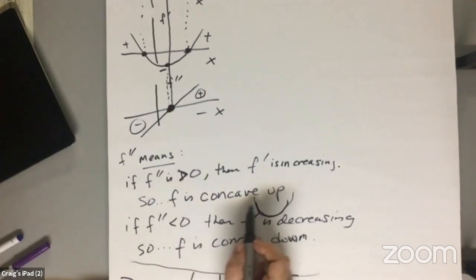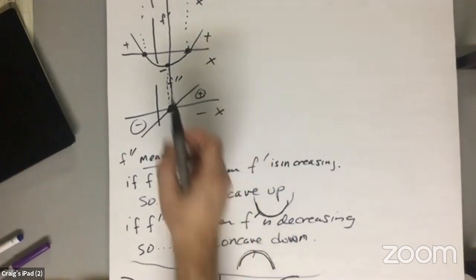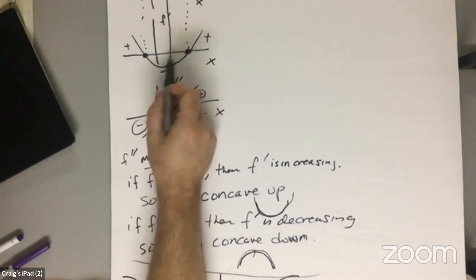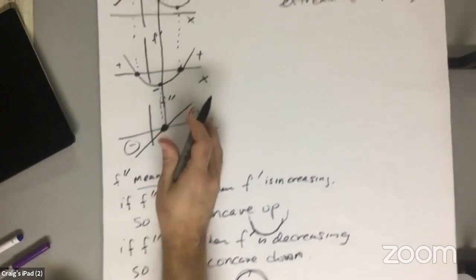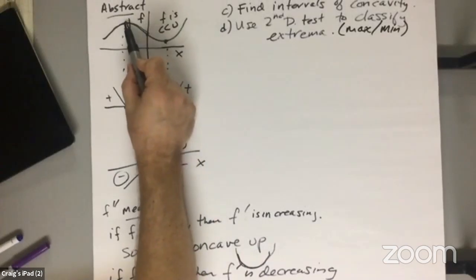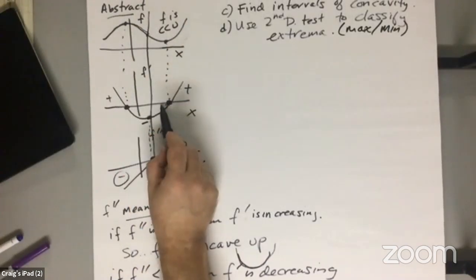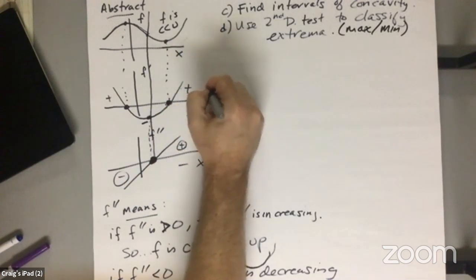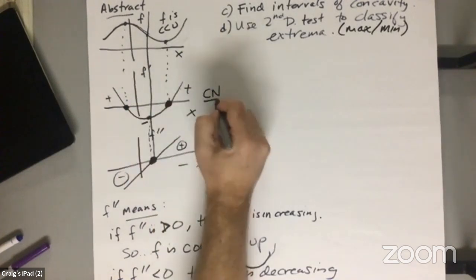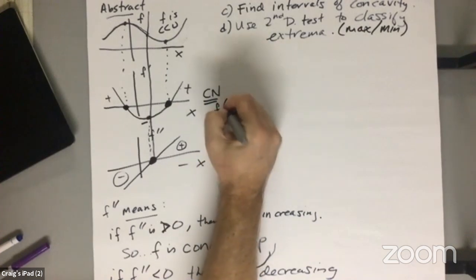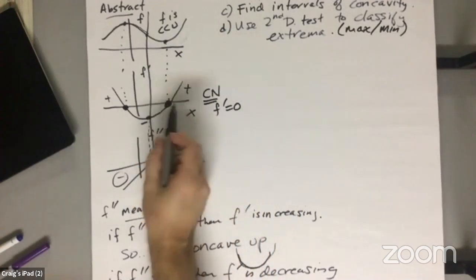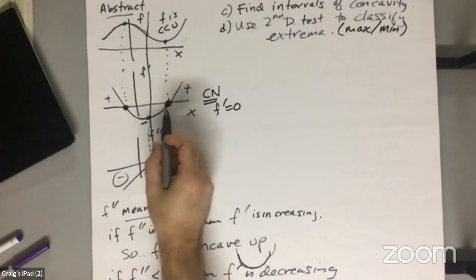Critical points, the places where the derivative is 0, are the possible places where the original function is either a maximum or a min. So these are the critical numbers, or the critical values, the critical points. These two right there are where f prime equals 0.